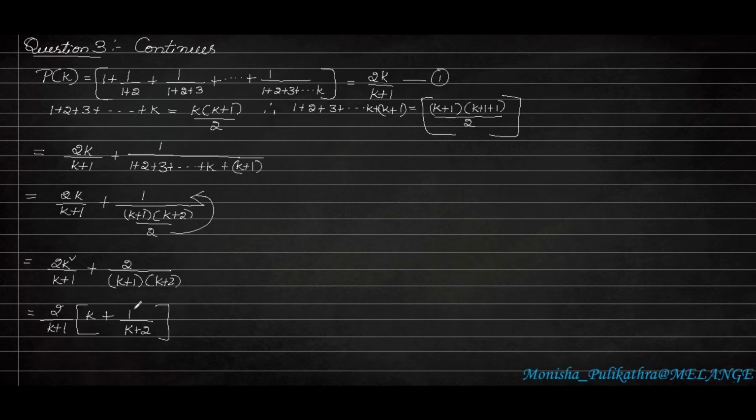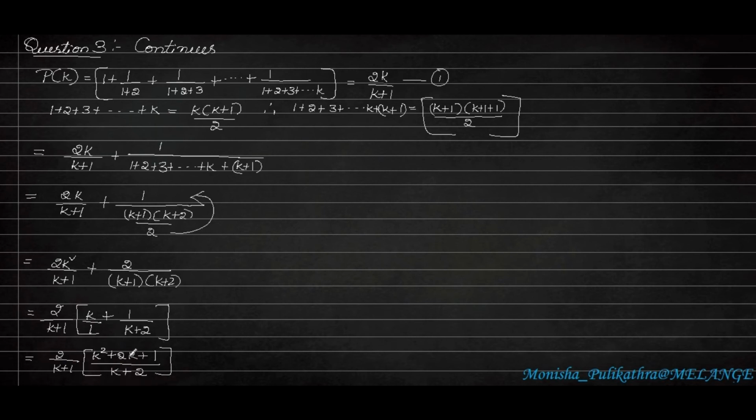After that, we have to take the LCM of this part. So it will become 2 by k plus 1, and we can just cross multiply. K into k will become k square, plus k into 2 is 2k, plus 1 as it is, whole divided by k plus 2.